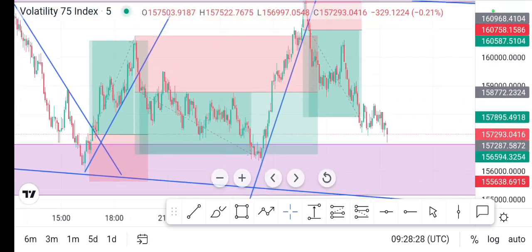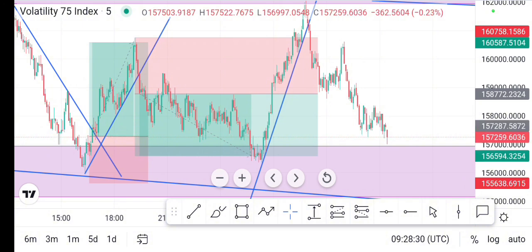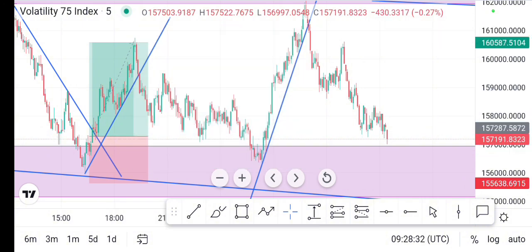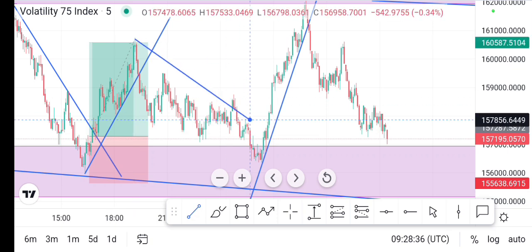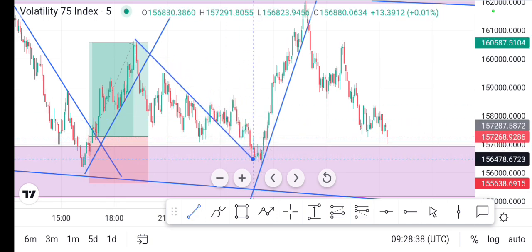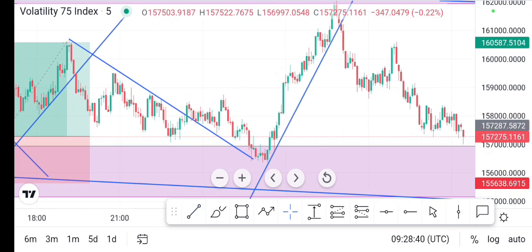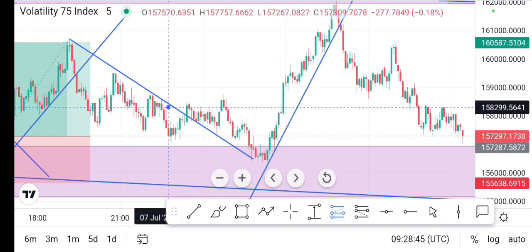You can get another opportunity. If you can see there is another opportunity here. You connect this high, you bring this down here. You see, after breaking, then you execute here your long.